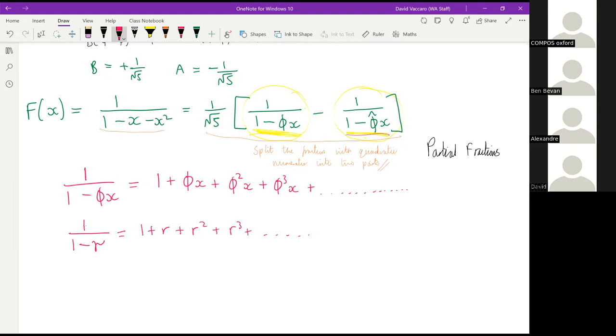Similarly, the 1 over 1 minus phi hat x, we can write as an infinite geometric series.